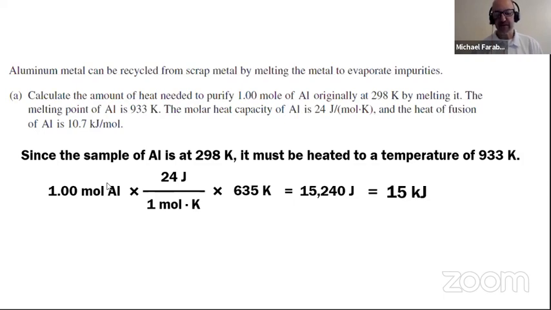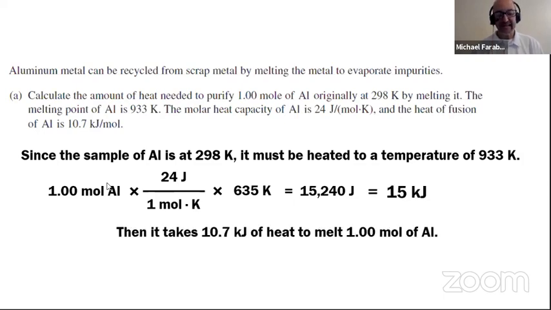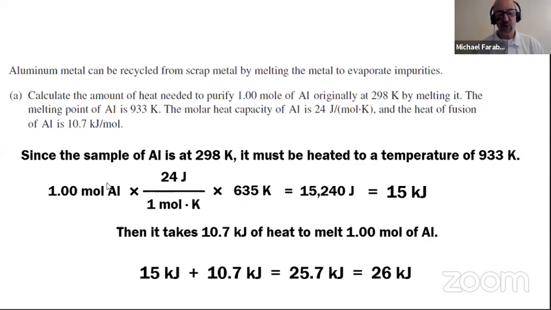It's about 15 kilojoules. And then it takes an additional 10.7 kilojoules of heat to melt it. So a total of 15 plus 10.7, and rounding off to no decimal places when you add two numbers, that would be 26 kilojoules to essentially purify and recycle this aluminum.